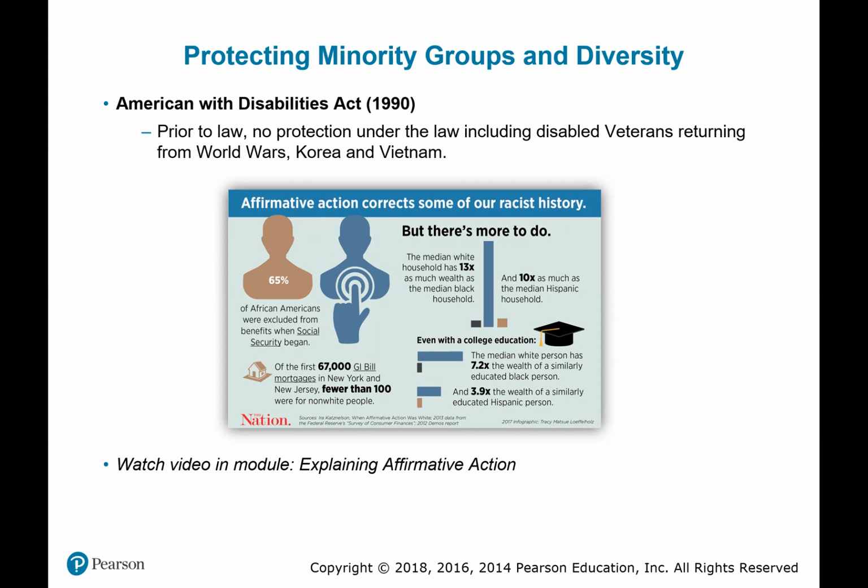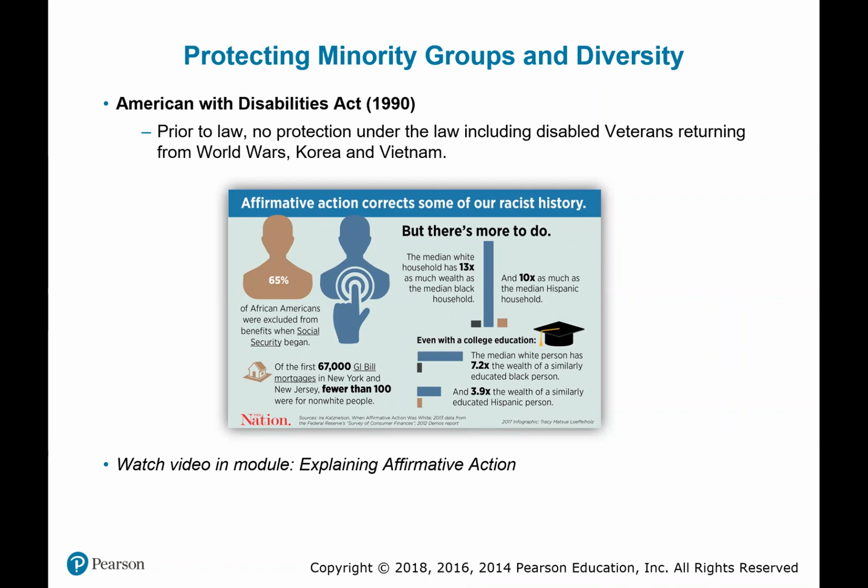The GI Bill for home mortgages, and that was also for education. In New York and New Jersey, these are northern states, of the first 67,000, fewer than 100 were for non-white people. So there's kind of this built-in structural racism that we've had.